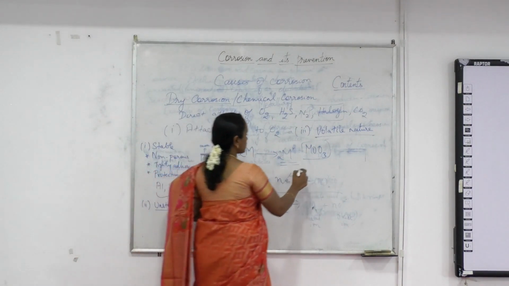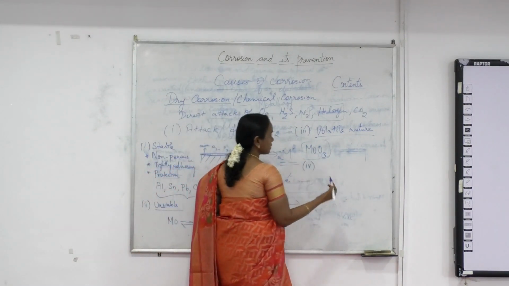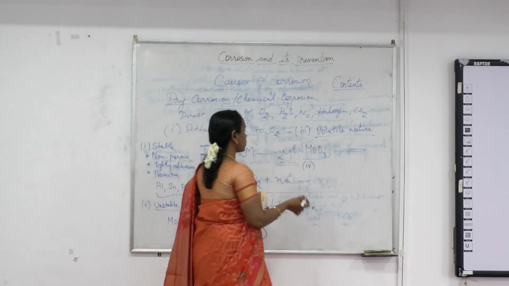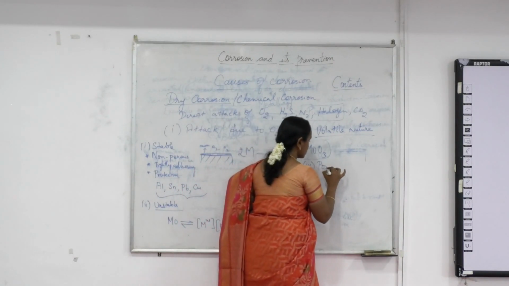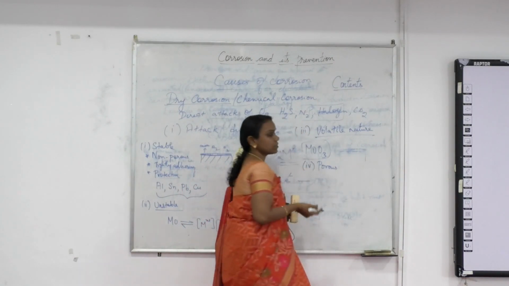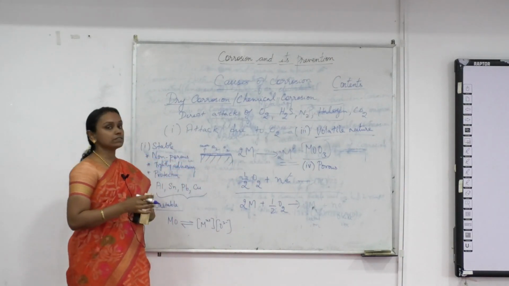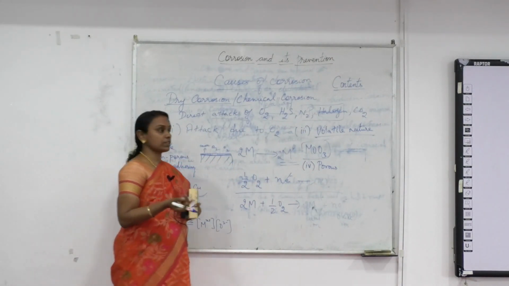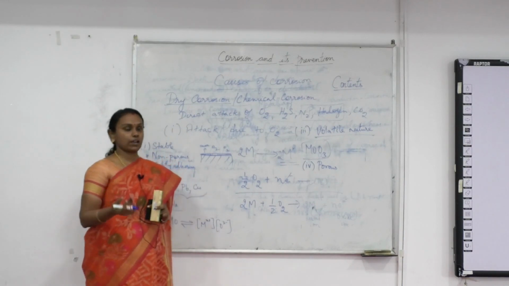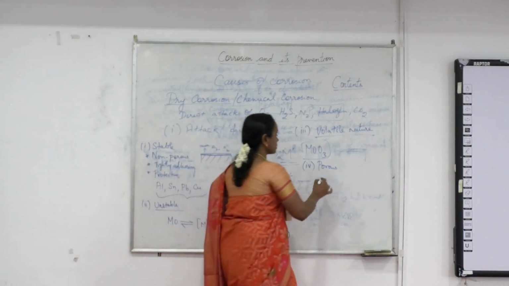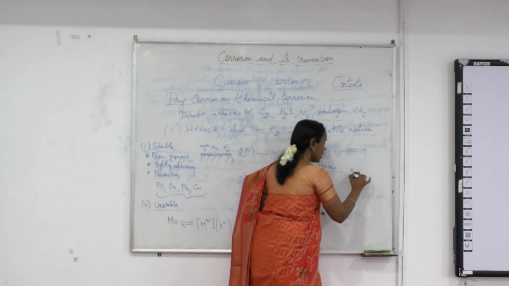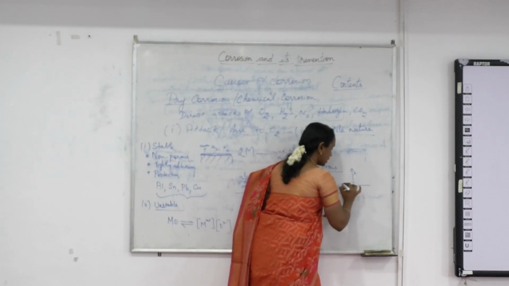And the fourth type, if the metal oxide that is formed is porous. If the metal oxide layer is highly porous, then it is non-protective in nature. That means it will lead to further corrosion. Oxygen can easily penetrate inside and attack the surface.